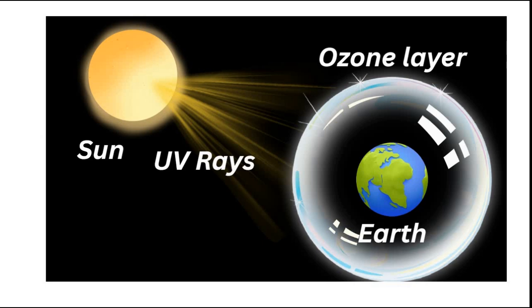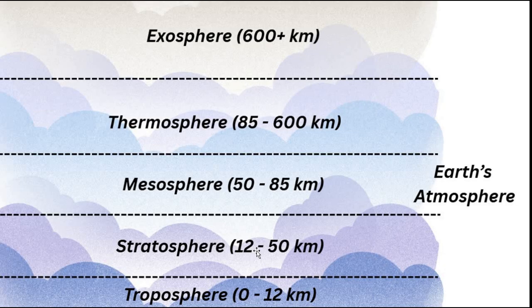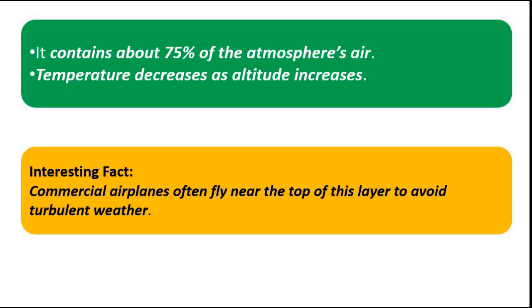So these are the first two layers of the atmosphere, that is troposphere and stratosphere. Troposphere from 0 to 12, stratosphere from 12 to 50, that is on the basis of altitude. And then we discussed the characteristics. Another important characteristic is the temperature.